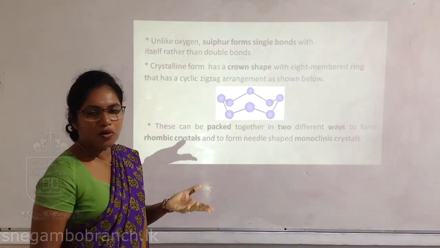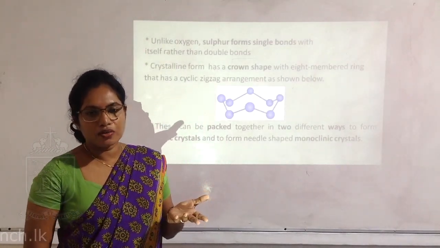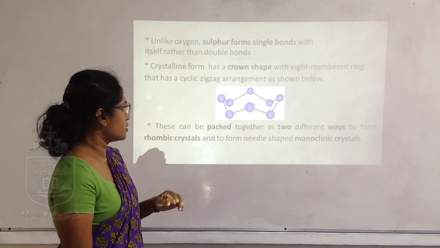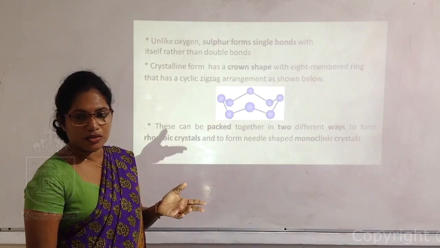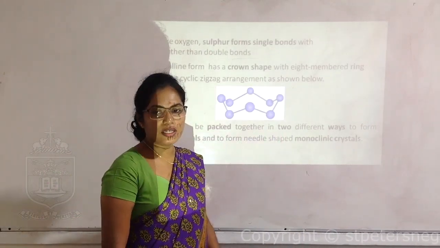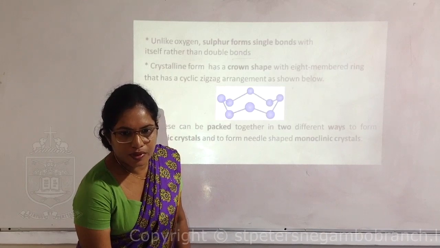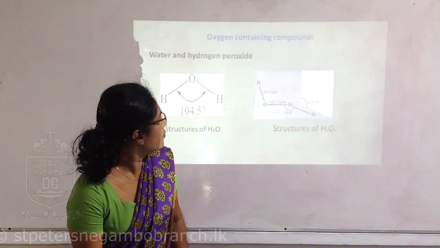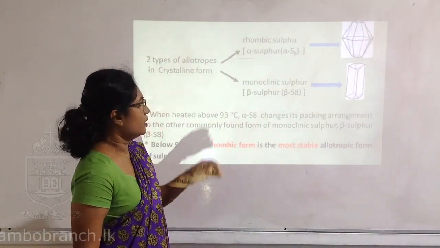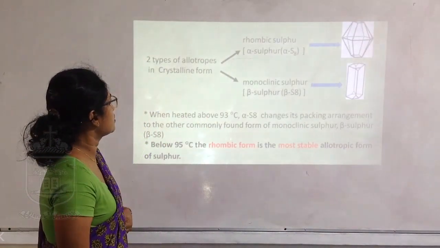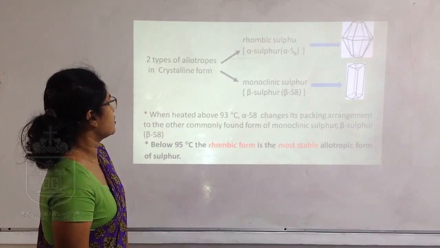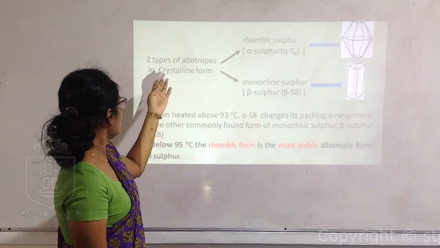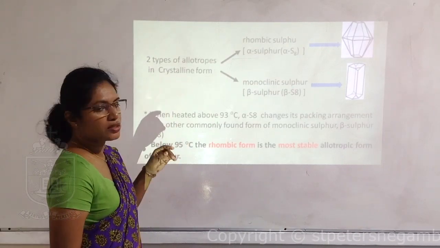Because to form the rhombic allotrope, it arranges as rhombic crystals, and to form the monoclinic allotrope, it arranges as monoclinic crystals. Here I have shown you the crystals of rhombic sulfur and monoclinic sulfur. These are the 2 types of allotropes in crystalline form.